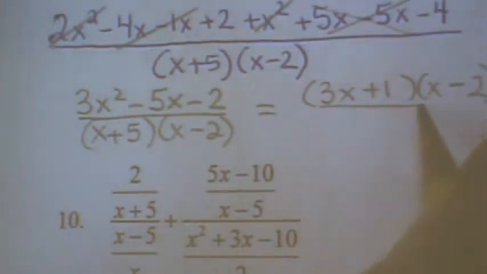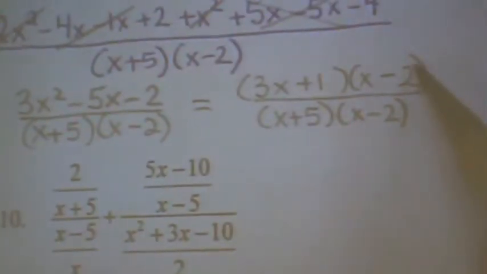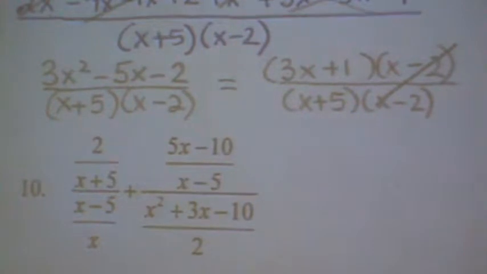Sure is. What cancels? X minus 2. What's your final answer? 3x plus 1 over x.